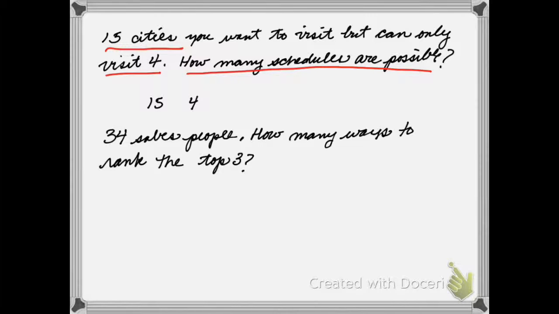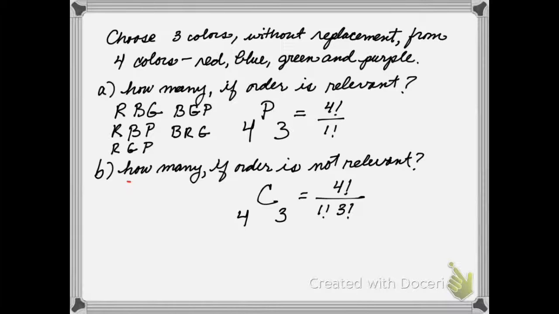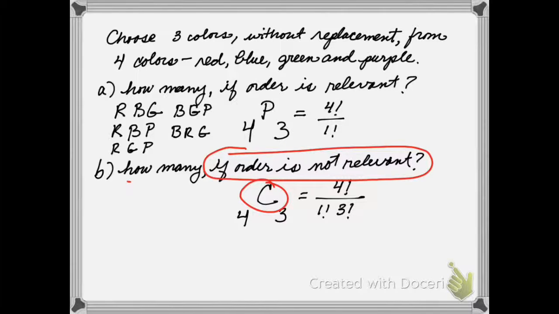I suppose you could make an argument that order matters, but we're going to say that order doesn't matter in this case. You're going to get to your 4 cities, and it doesn't matter what order you do it in. So because order does not matter, if we go back here, we see that if order is not relevant, we use the C. We use the combination.